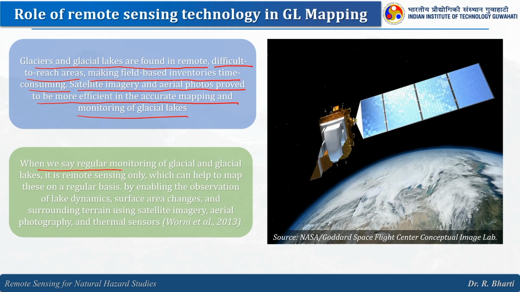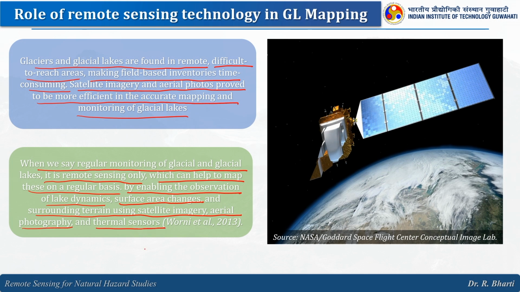When we say regular monitoring of the glacier and glacial lake, it is remote sensing only which can help to map these on a regular basis by enabling the observation of lake dynamics, surface area change and surrounding terrain using satellite remote sensing, aerial photography and thermal sensors. So, all these can be a very good source of information.